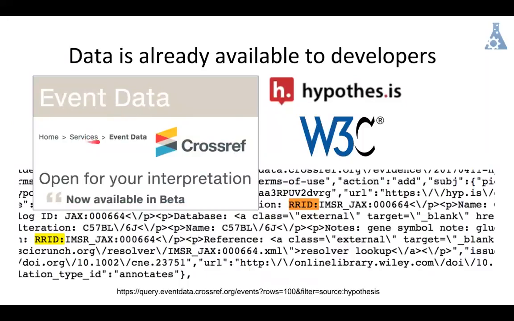What this means is that if something happens after a paper is already published, such as our robot finding the RRIDs in that paper, that can now be noted by our robot, and we export that on a relatively periodic basis through a mechanism that Hypothesis has worked out. So we export that data to Crossref. Now Crossref knows that a particular paper, which has a DOI, is associated with a particular mouse.